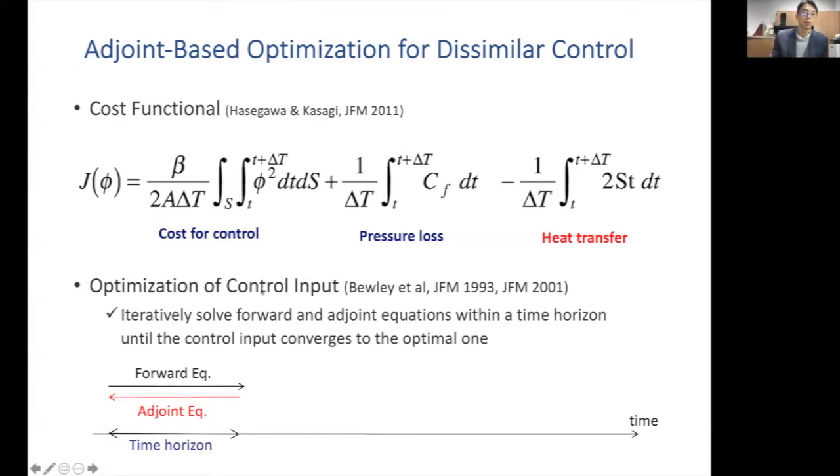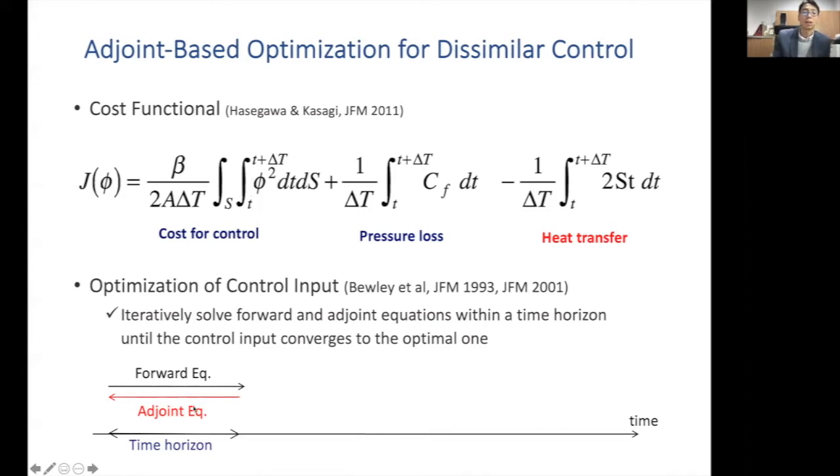In order to achieve optimal control, typically we introduce some time horizon in which this space-time integral is to be minimized. Specifically, we first solve the forward equation and then solve the adjoint equation. By solving the adjoint equation, we get the sensitivity, how to change my control input.